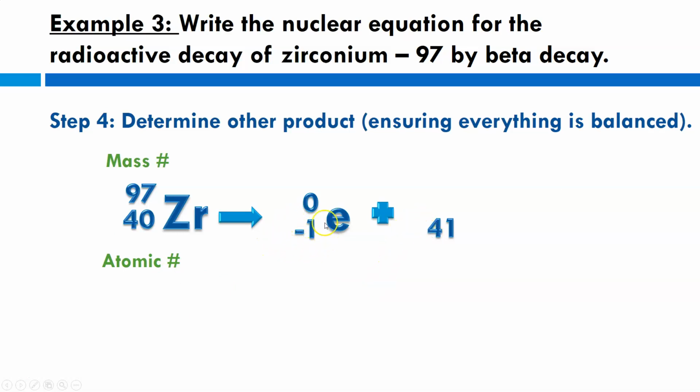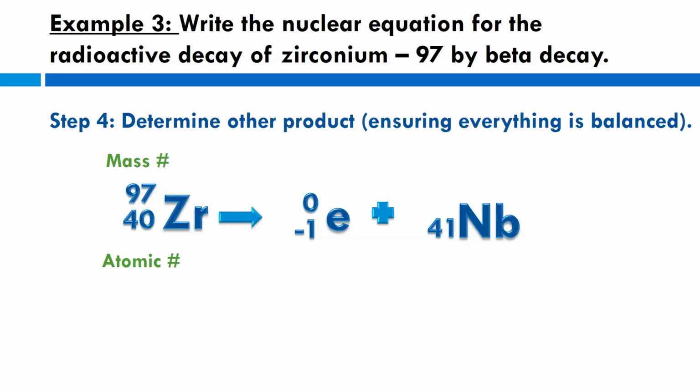So the reason we put a -1 here for the beta particle is because that will help us make sure our particles are conserved mathematically. That way we're realizing that this is not magically increasing. Okay, it came from somewhere. -1 plus 41 equals 40. So I look on my periodic table, I find out which particle has 41 protons. I find out that it's not zirconium anymore, is it?